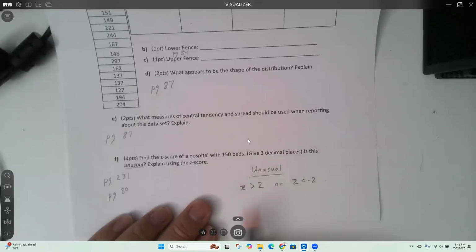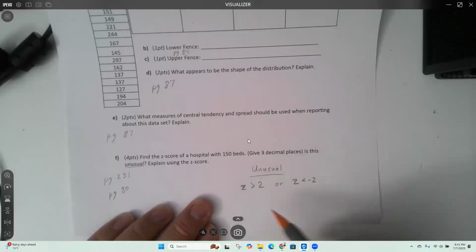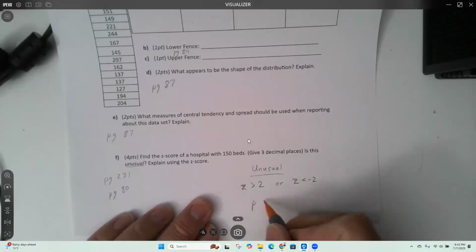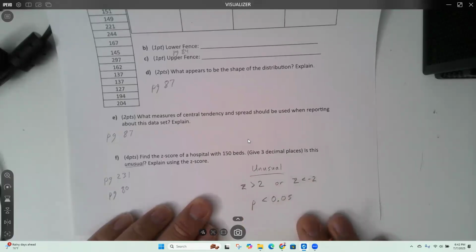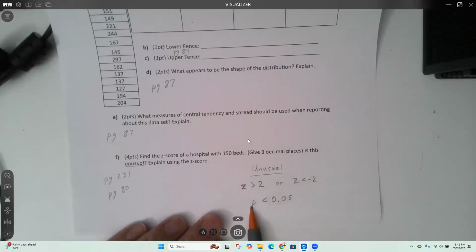Why do we use 2 and -2? That's because those correspond to a probability that is less than 5%, less than 0.05. So if you have a probability, you'll compare it to 5%. This one is not getting us a probability, so don't compare it to 5%. You compare it to these z values.